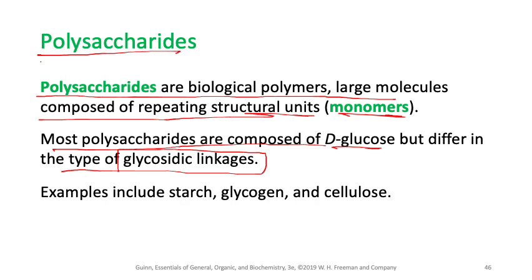So how the different types of polysaccharides differ from each other is the type of glycosidic linkage, how they are combining with the other glucose molecule. And there are a couple of examples: starch, glycogen, and cellulose. These are the three polysaccharide examples. Let's talk about these things on the next slide.